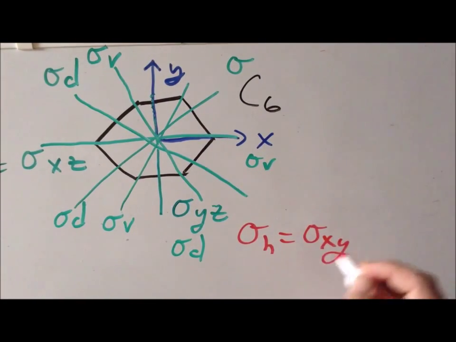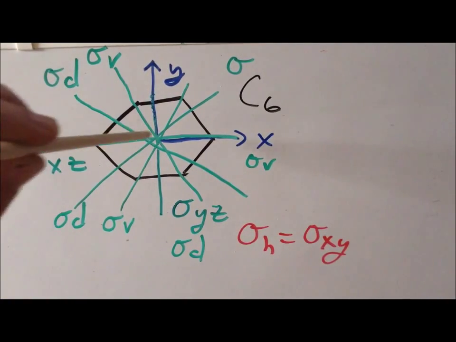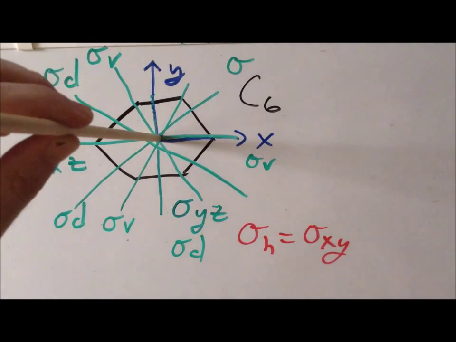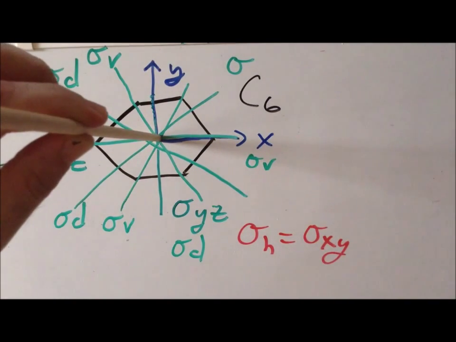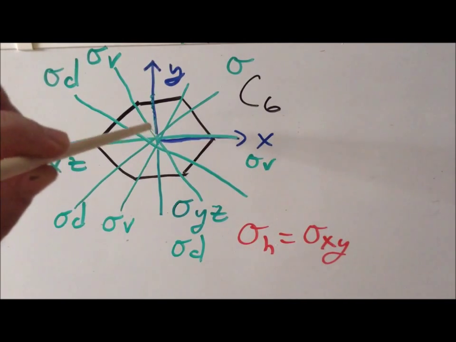We notice that it really is perpendicular, it really is normal to the high order rotation axis, which would go along this particular dowel.